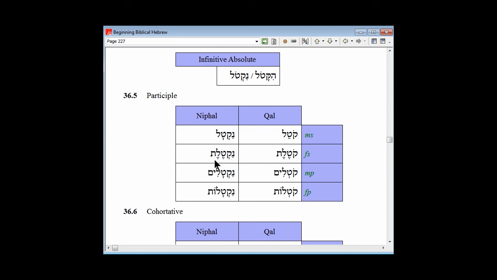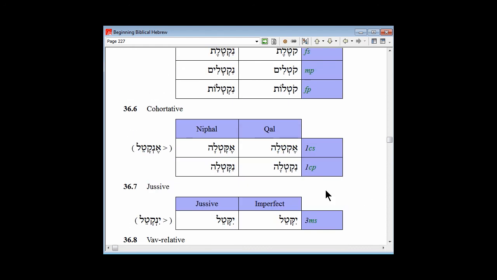Other than that, your endings are going to be consistent for participles. So you have participle endings, ni on the front, it's a nifal participle. But the masculine singular form, again, looks very much like the nifal perfect third masculine singular form. So those two nifals, your third masculine singular perfect and your masculine singular participle, the only difference between them is the type of vowel in the theme vowel.